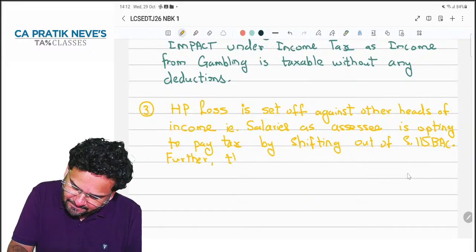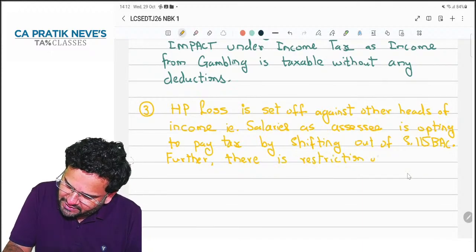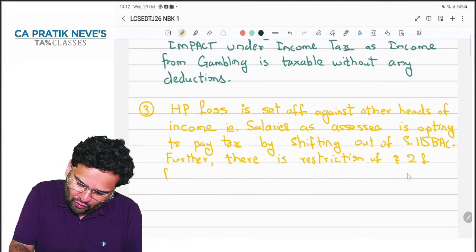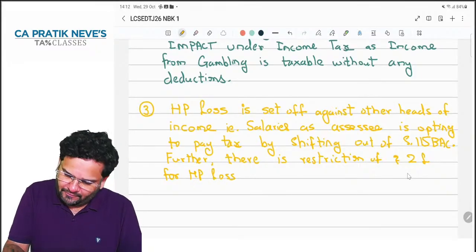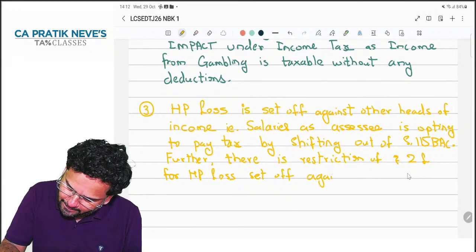Further, how much was the restriction? Further, there is restriction of rupees 2 lakhs for HP loss set off against other heads of income.